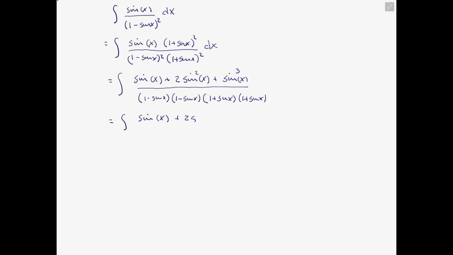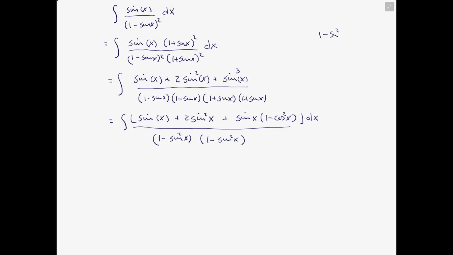And what that gives us is sine x plus 2 sine squared x plus sine x times 1 minus cosine squared x dx, over 1 minus sine squared x times 1 minus sine squared x.